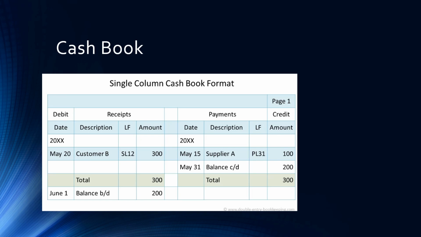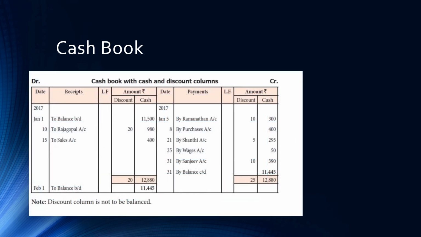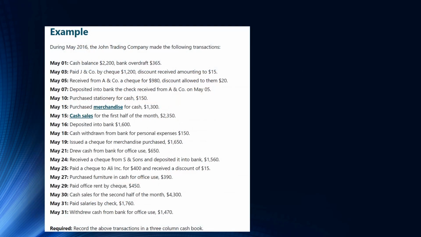This is a single column cash book. When we talk about the double entry cash book, we have discounts, but obviously discounts are not balanced off. Cash is balanced off so that we can zero in on exactly how much cash balance we have at the end of that day or at the end of that month, right?